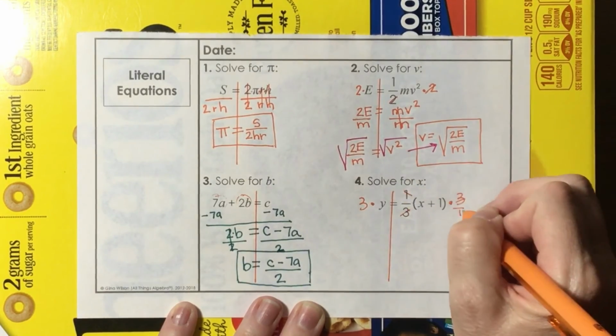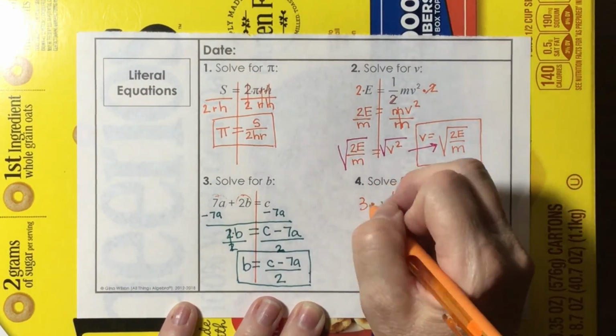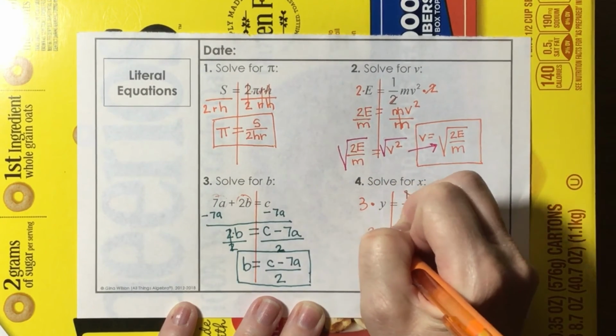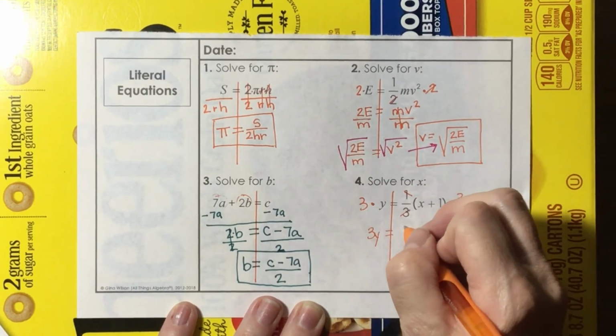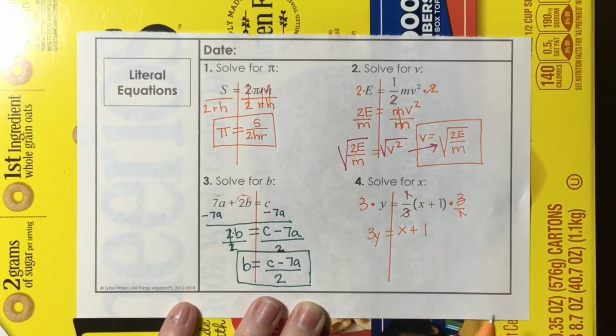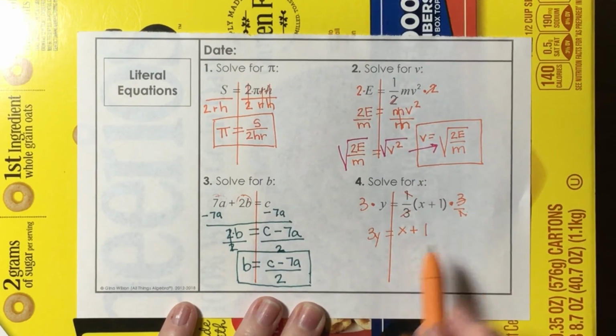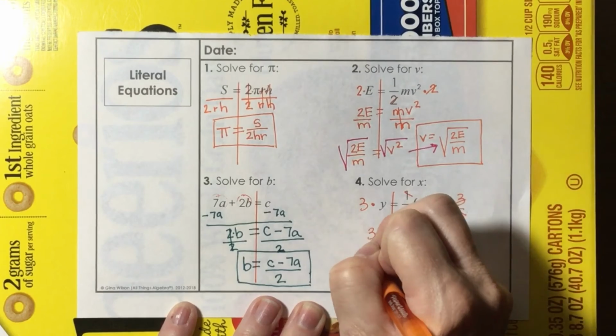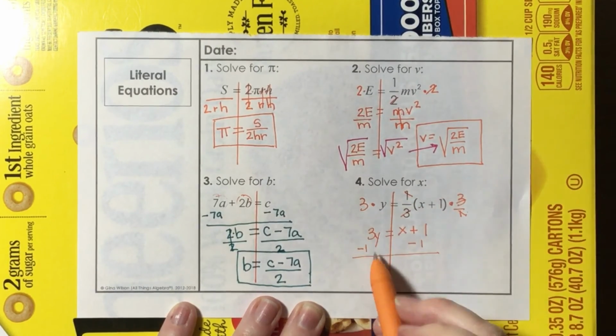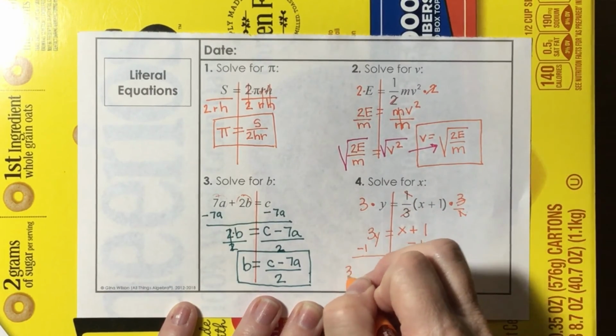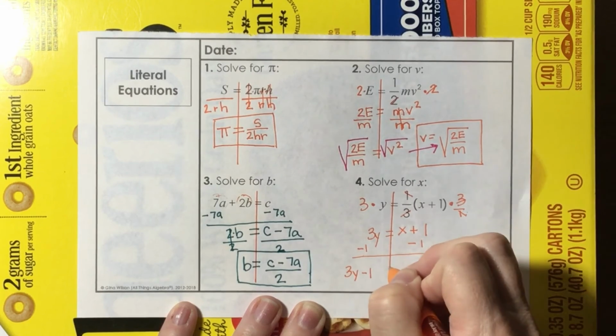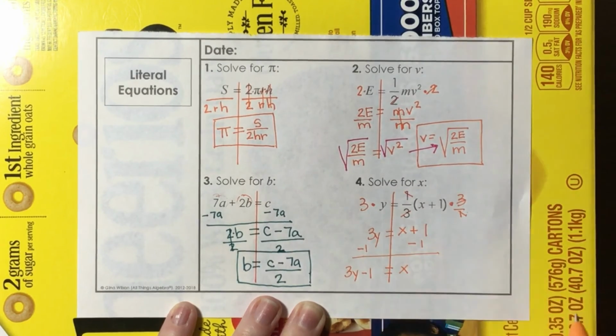So this leaves us with 1 over here, cancels out, and so we have 3y on this side. So that will just be x plus 1. Since we want to solve for x, we're just going to move the 1 now to the other side. These aren't like terms, so we simply have 3y minus 1 equals x.